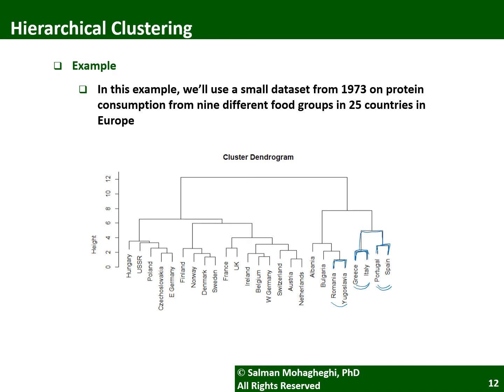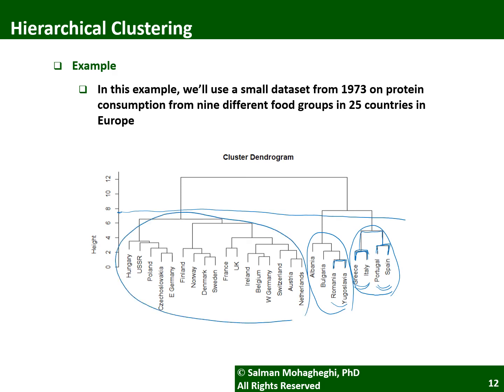And then if you end up having this dendrogram, you can decide how many clusters you want to have. So if my metric is, for example, this much distance between clusters, I draw a line and I will end up with 3 clusters: one consisting of Italy, Greece, Portugal, Spain, one consisting of Yugoslavia, Romania, Bulgaria, and Albania, and another one consisting of everybody else.